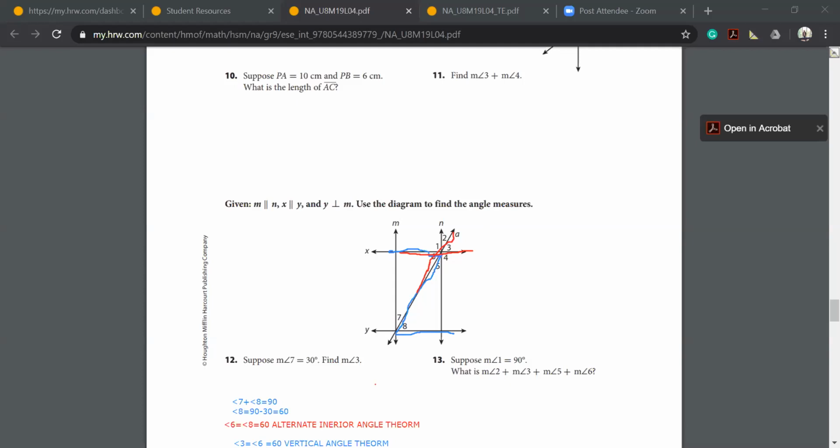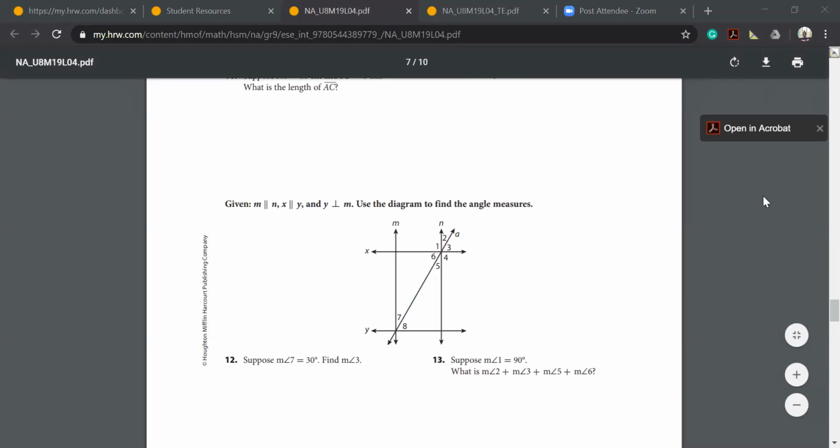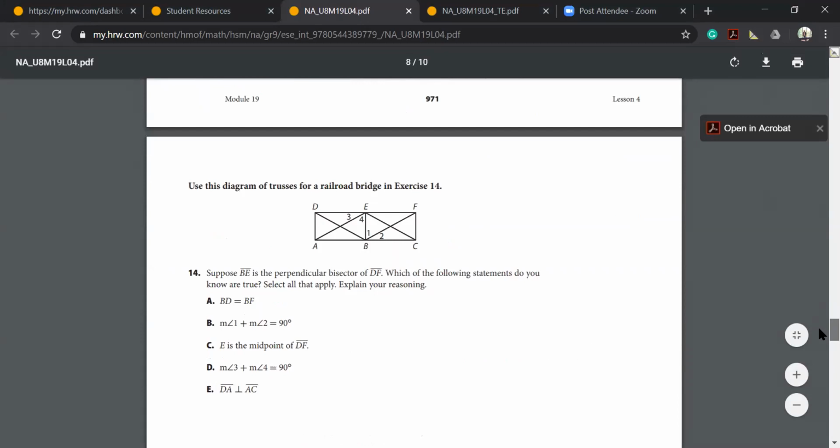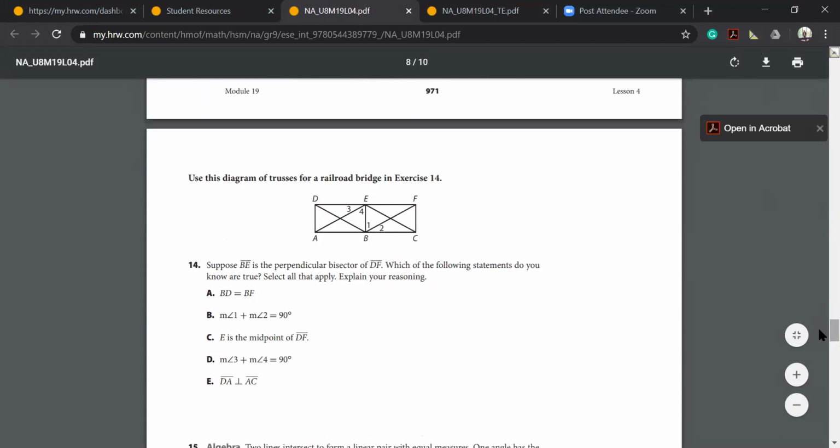Okay. We still have to do question 14. Let's go down and see question 14. Use this diagram of trusses for a railroad bridge in exercise 15. Suppose that BE, where is BE? This is BE, is the perpendicular bisector of DF up here. What does it mean?